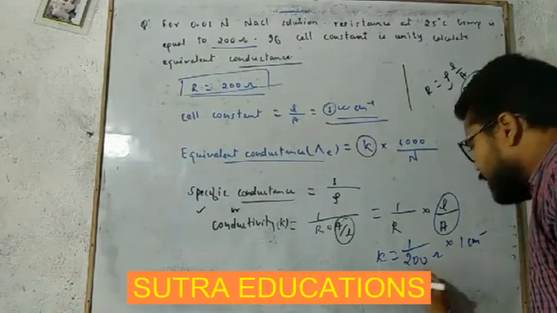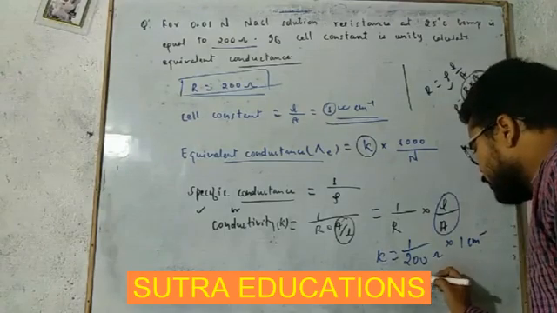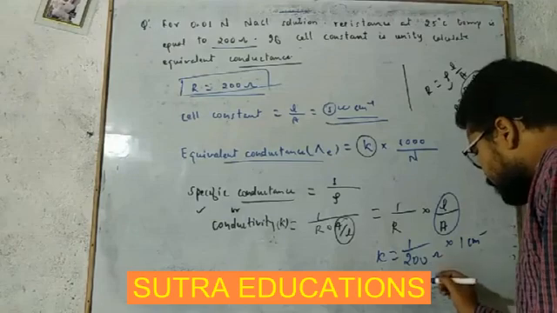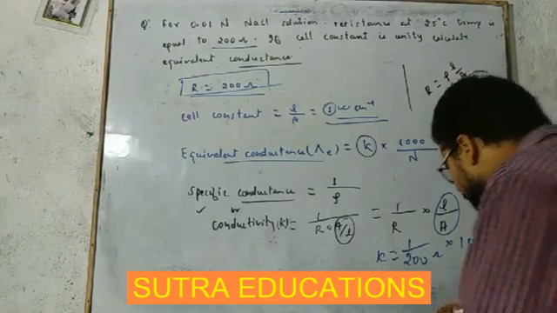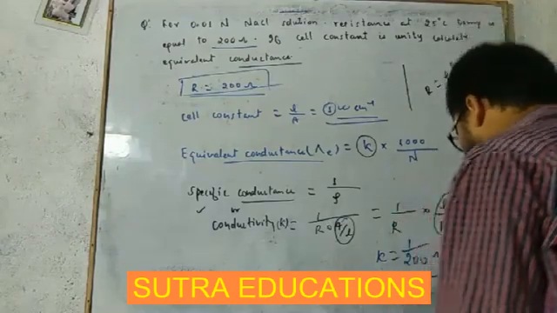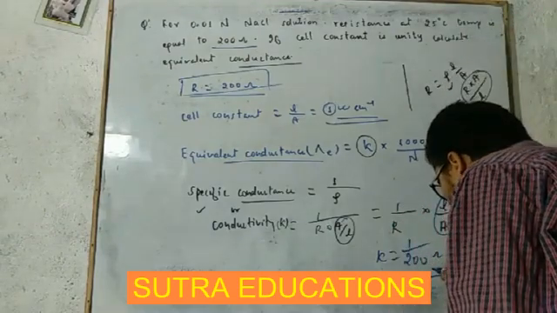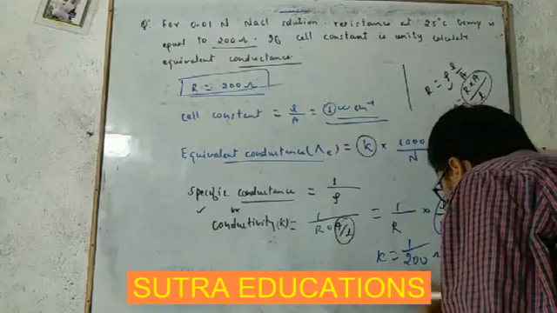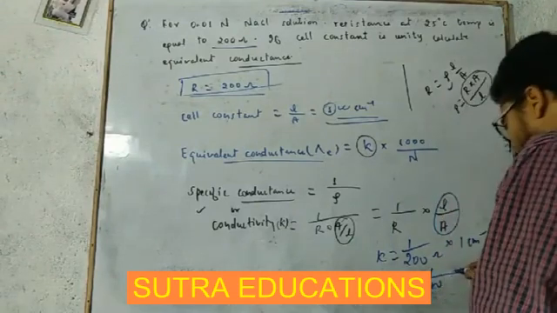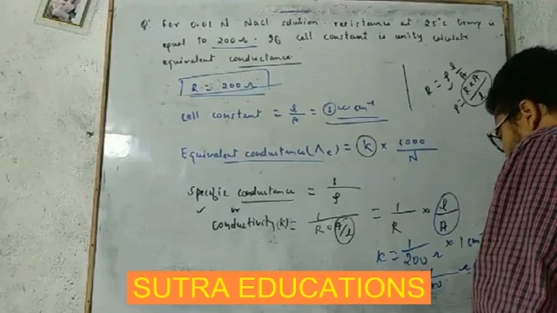So we will get kappa is equal to 1 by 200 ohm cm inverse.